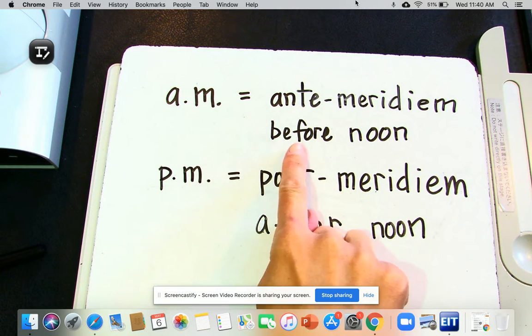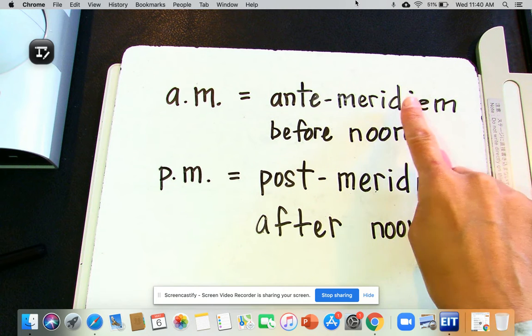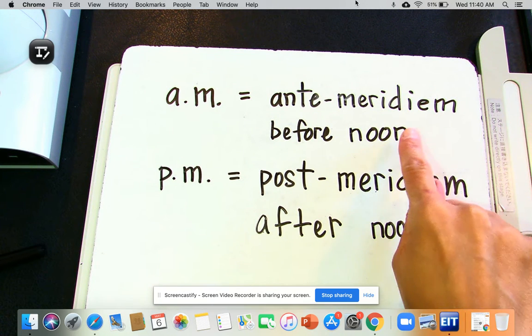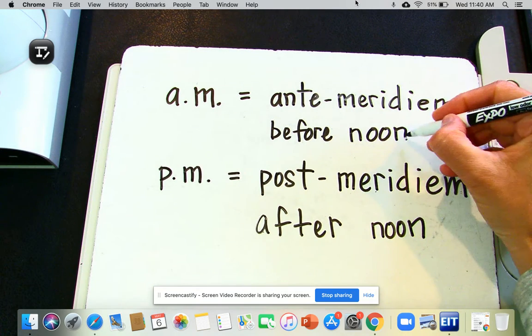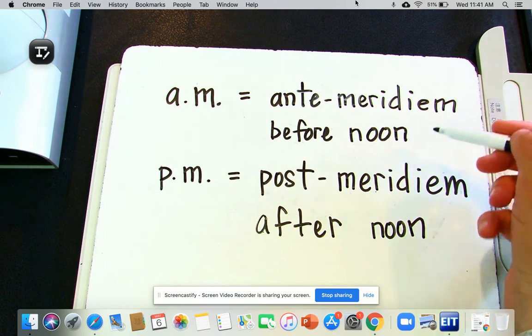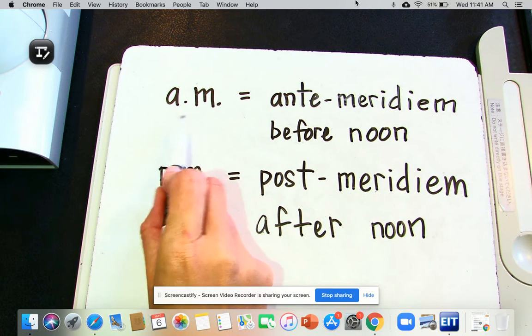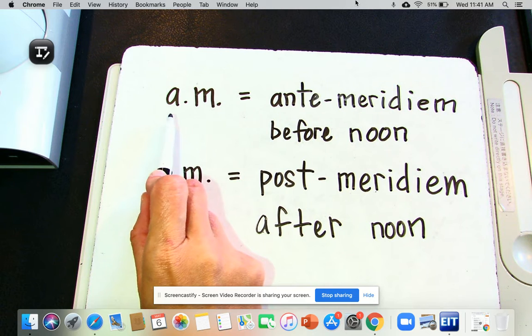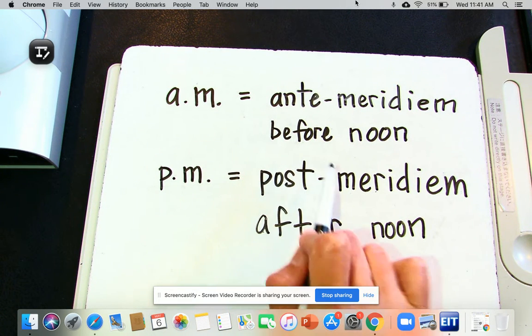Ante means before, and meridiem kind of looks like the word middle. So this means middle of the day, and the middle of our day, we call that noon. So anytime we're talking about AM, that means before noon. Now it can get a little confusing because sometimes when we see AM, we might think A means afternoon. Well, ante means before noon.